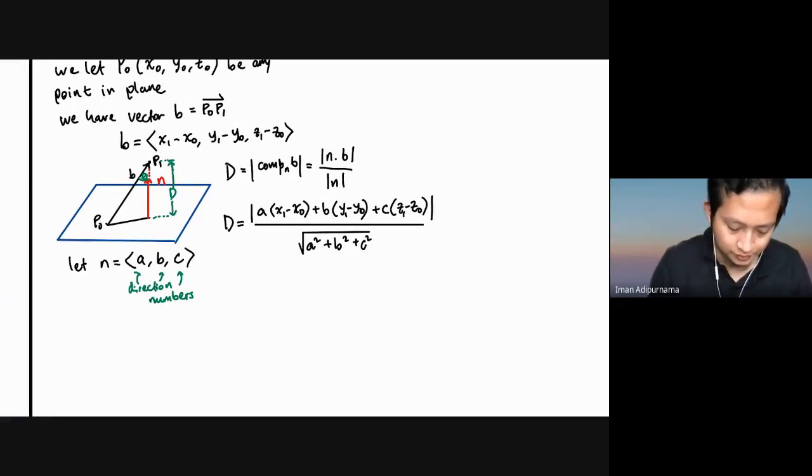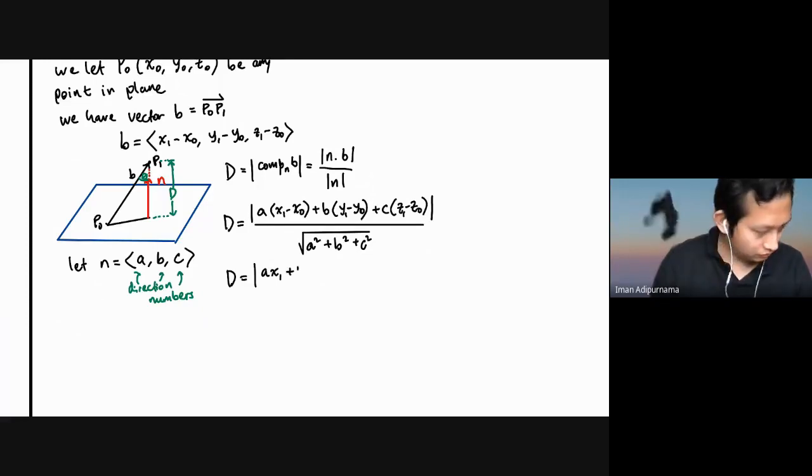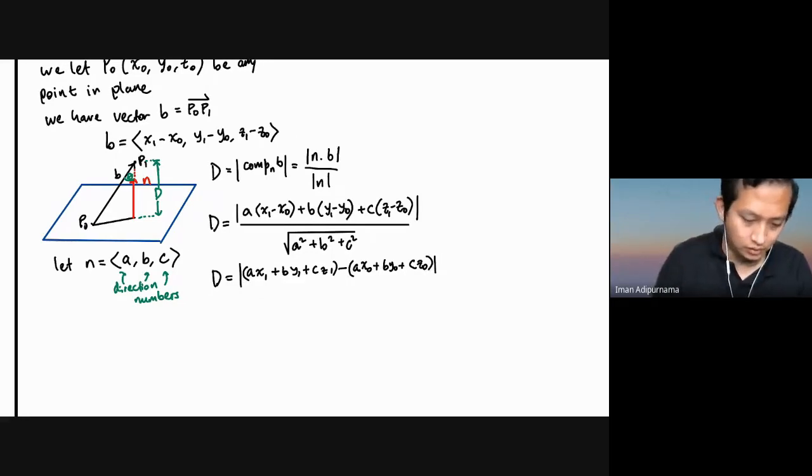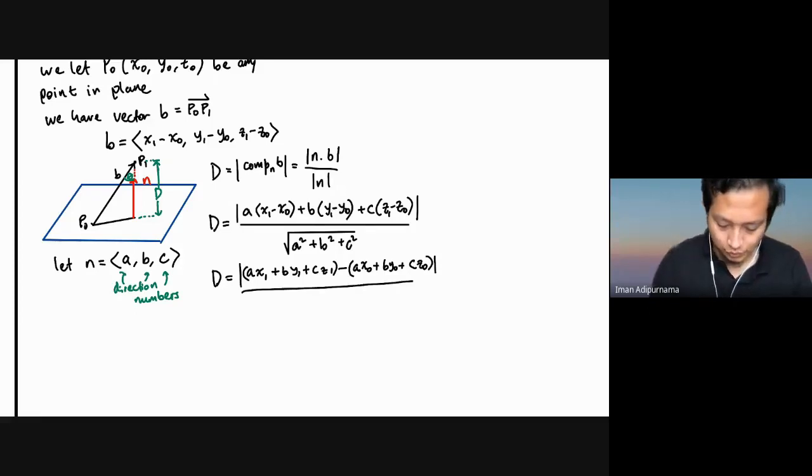And let's solve and simplify. Okay, we have this, and the same for the numerator.